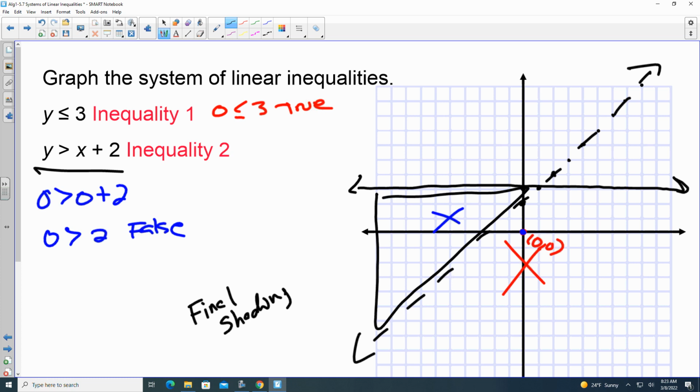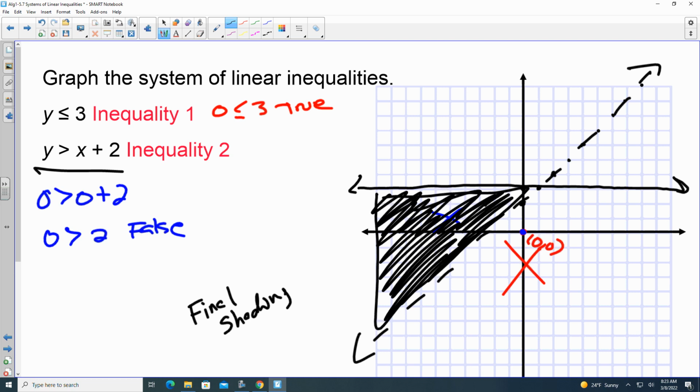This triangle on the graph is what satisfies both inequality 1 and inequality 2. Because it should be below the boundary line on the horizontal line, and it's going to be on the left side of my diagonal dash line from inequality 2.